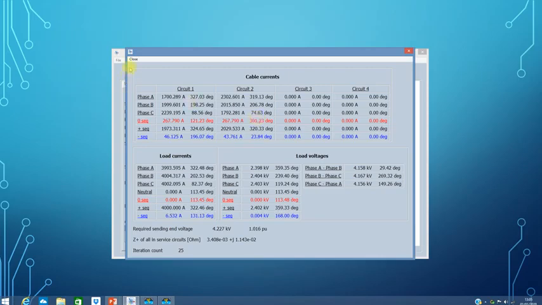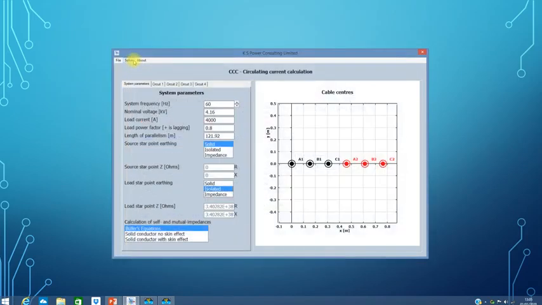So if we implement this in the model, we specify an impedance for the start point and we make it 100 ohms. So now if there was an earth fault on the cable, the zero sequence current during that earth fault would be limited to 25 amps.